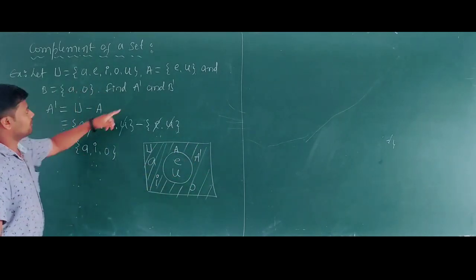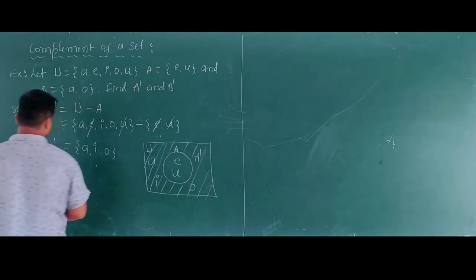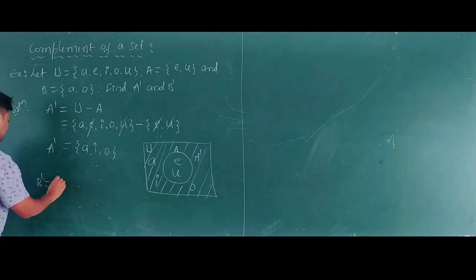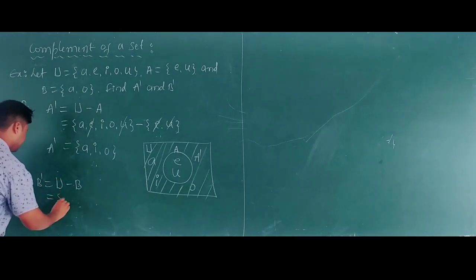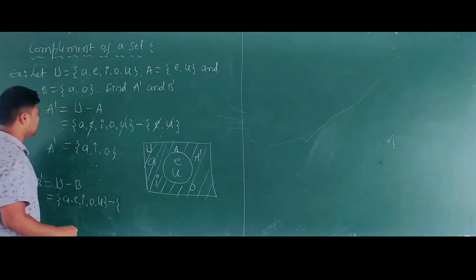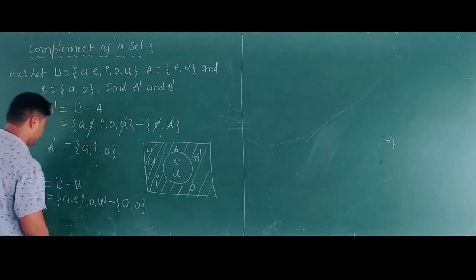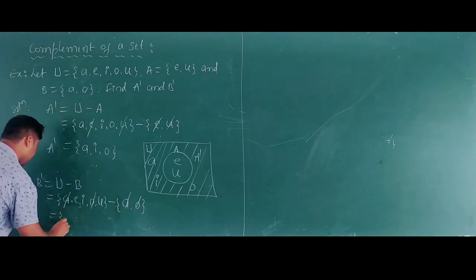The second one is B dash. B dash equals U minus B. This is the formula: to get the complement, you just have to subtract that set from the universal set. The universal set is A, E, I, O, U, minus set B, which is A and O. Cancel the common elements A, O. What are the remaining elements?